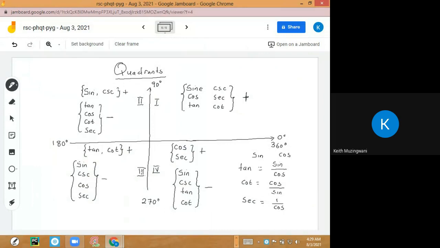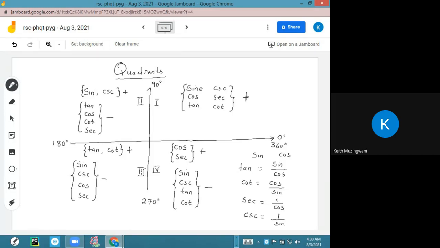And then you get cosec if you divide 1 by sine. What a nice topic. Just made by only two things, sine and cosine. So if I can pay attention to sine and cosine, I would have known everything.